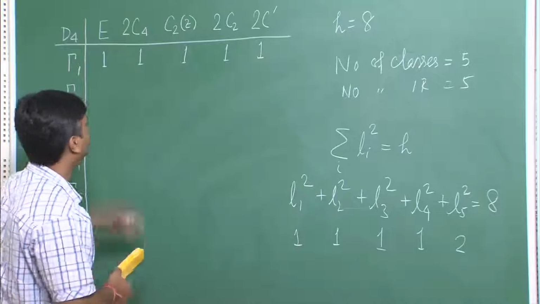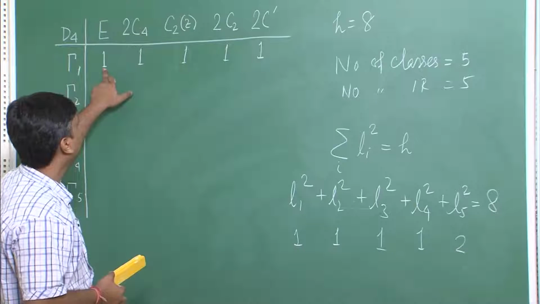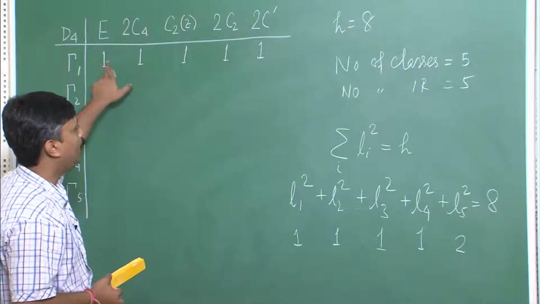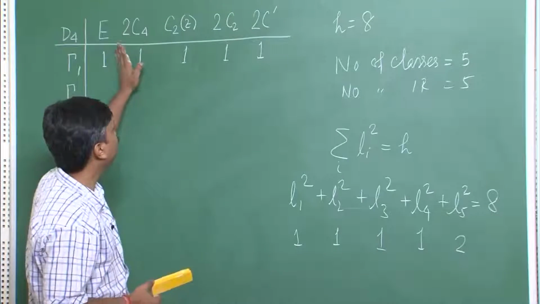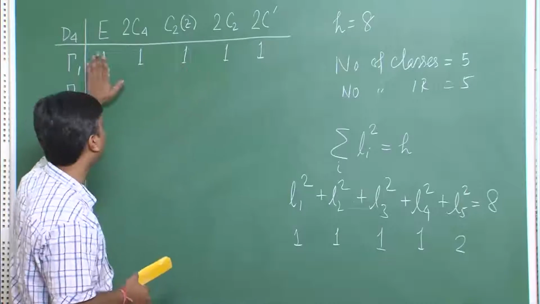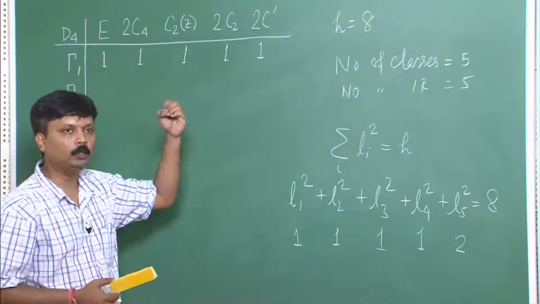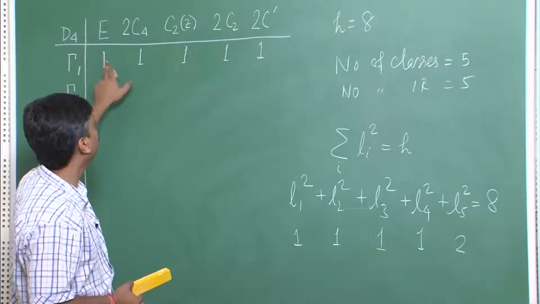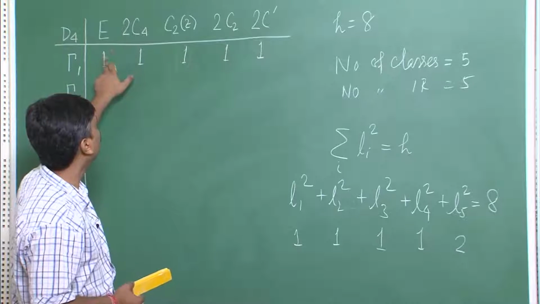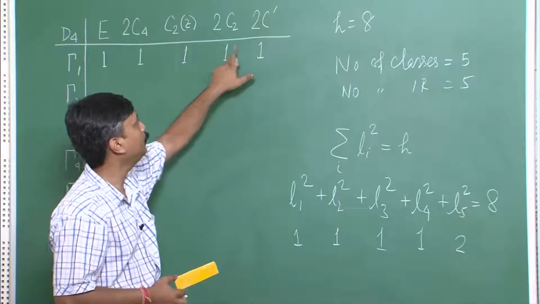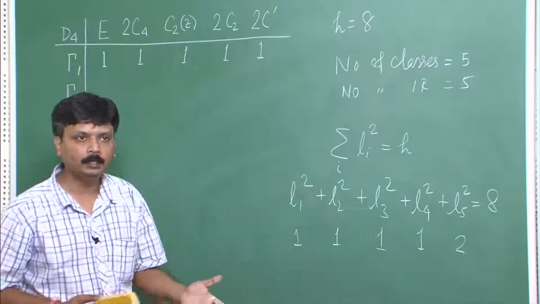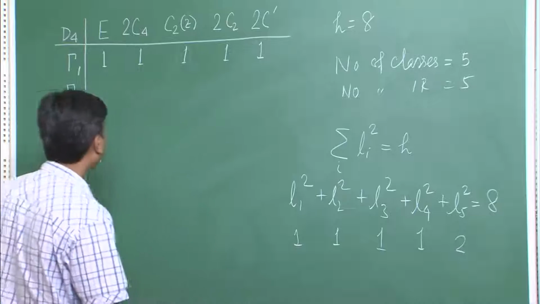Quickly, let us check whether the sum of squares of the characters corresponding to each symmetry operation for one IR is equal to the order of the group. So, 1 plus 2 into 1 plus 1 plus 2 into 1 plus 2 into 1, yes, that equals 8. So, this is satisfied.